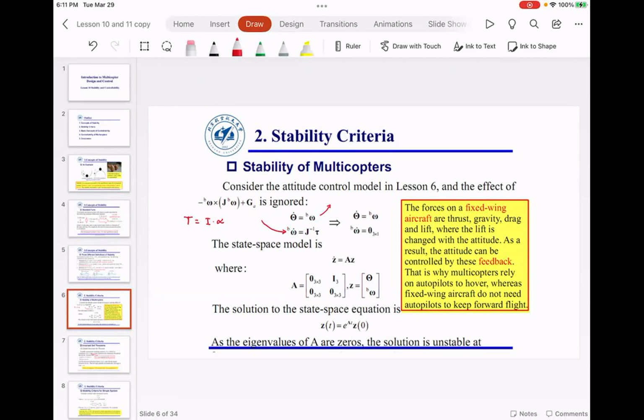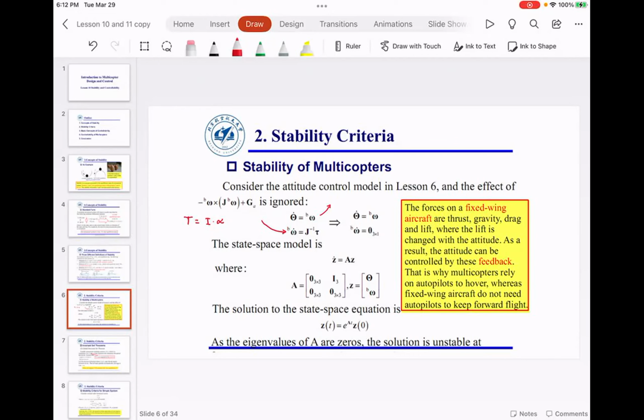So imagine if I want to design the controller for hover without looking at the dynamics. So here is a simple idea. If for some reason aircraft is pitching down, what I want to do is I want to increase the speeds of front two rotors and decrease the speed of back two rotors. So clearly my hope is when it is pitching down, it will be in a level flight.